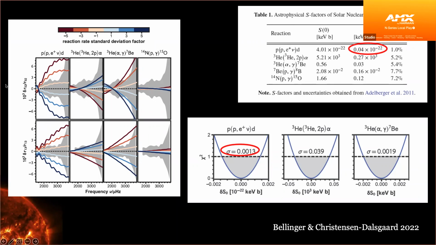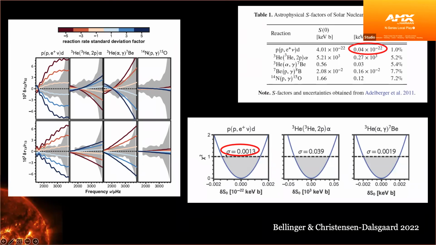So now what they've done is plotted not the sound speed or the density difference, because of course that would require inversions, but those frequency combinations that I talked about. So the gray are the uncertainties, and the different lines for a given equation tell you how much the reaction rate has been changed. So you can see this one is within the errors, but this one definitely is not. And this is the PP reaction.